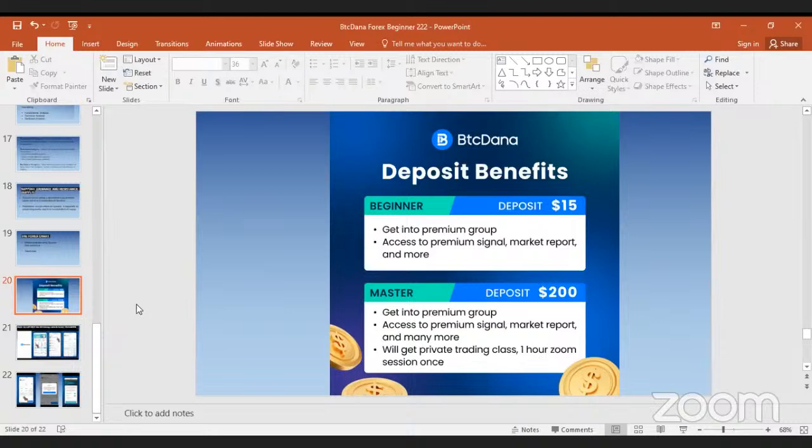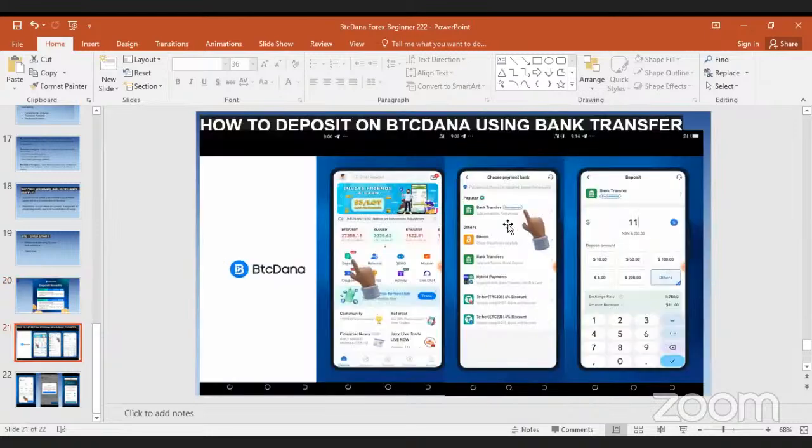Click on the deposit link in the chat room, and it will take you straight to this point. It will take you straight here. Then from here, you can click on bank transfer, then enter the amount you wish to deposit in your account.